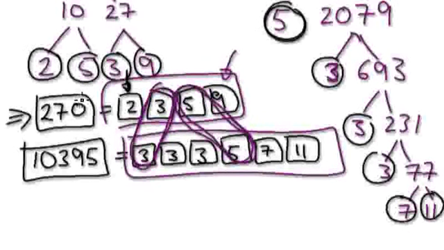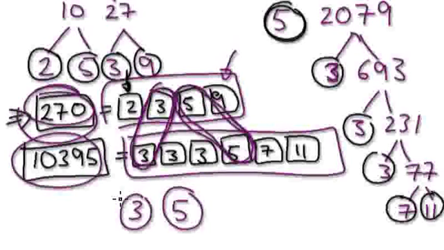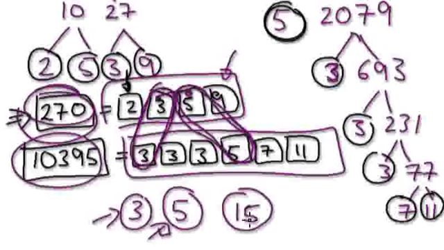If you want to know the highest common factor of this and this, well, 3 is a factor that's in common between the two. And you could say 5 is also a common factor. But 3 and 5 are not the highest. The highest would be, well, start combining the 3 and the 5. The highest is 15.